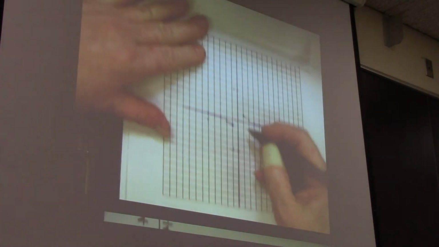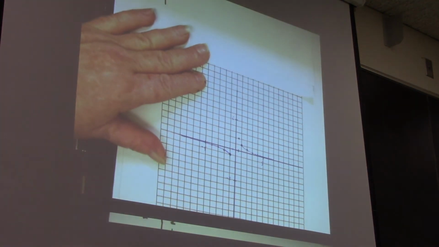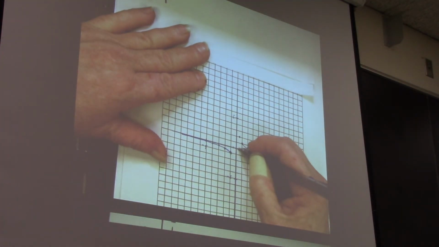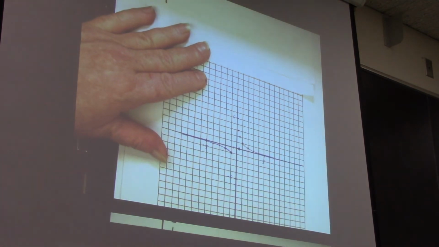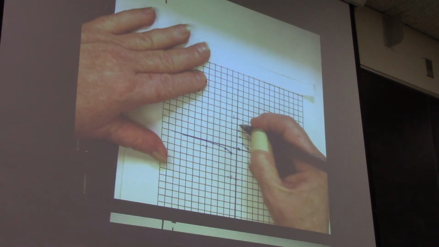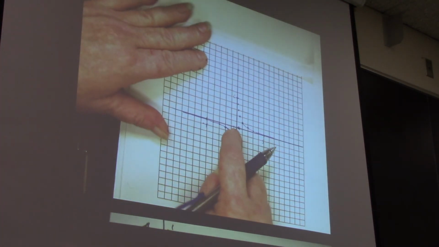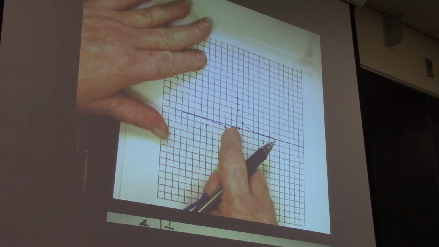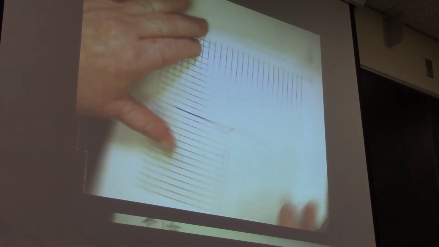So when x is 1/2, y is 2. When x is 1/3, y is 3. When x is 1/4, y is 4. Maybe if x is 1/10, y is 10. If x is 1/100th, y is 100.